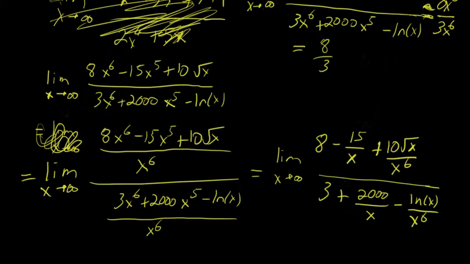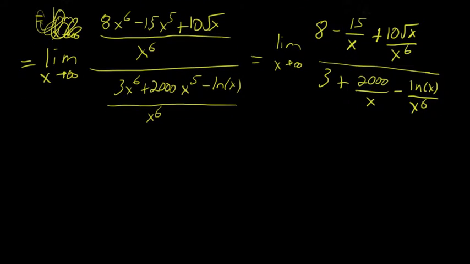And now we have to look at each of these terms and see what happens as x gets bigger and bigger. So working with the numerator, 8 is going to just be 8. It's not dependent on x. As x gets bigger and bigger, 15 over x is going to become closer and closer to 0. So we have 8 minus 0. Here, 10 times the square root of x is going to get bigger and bigger.